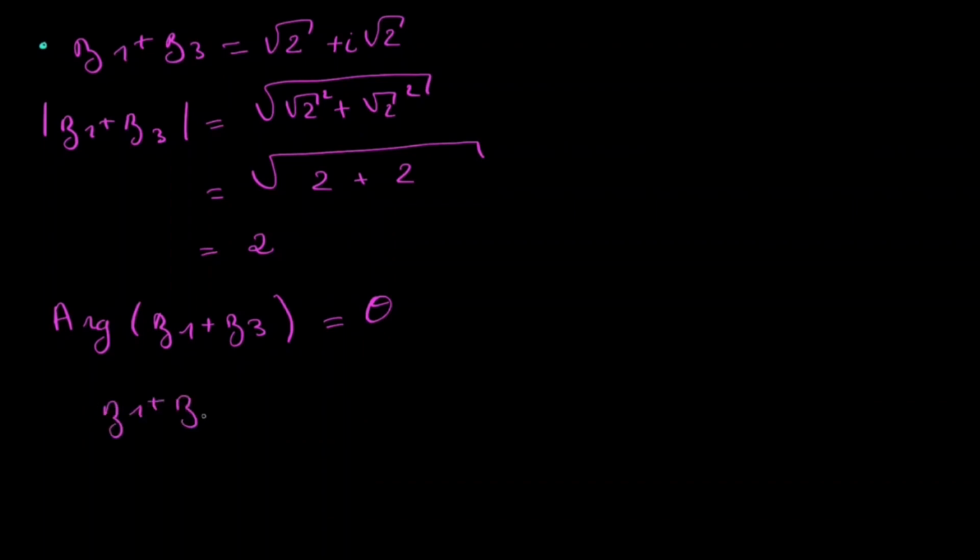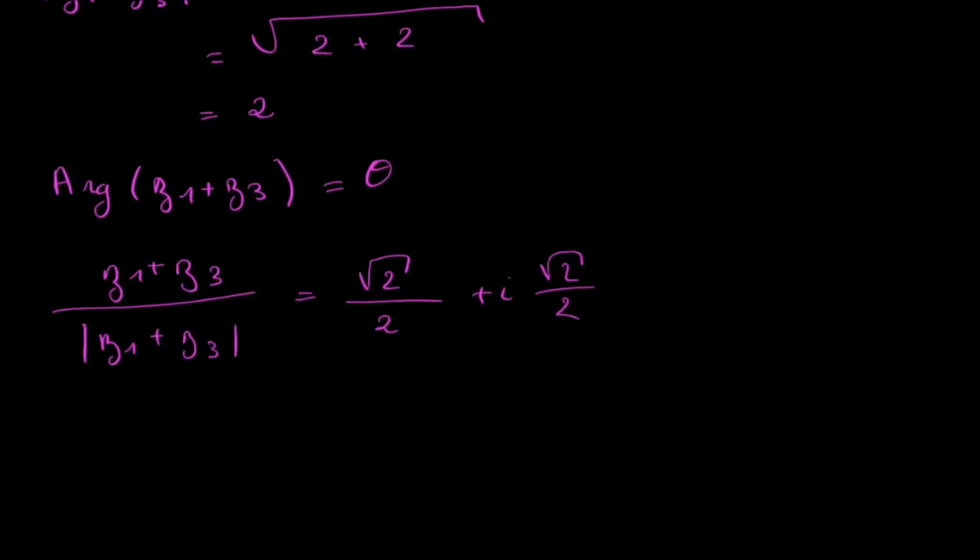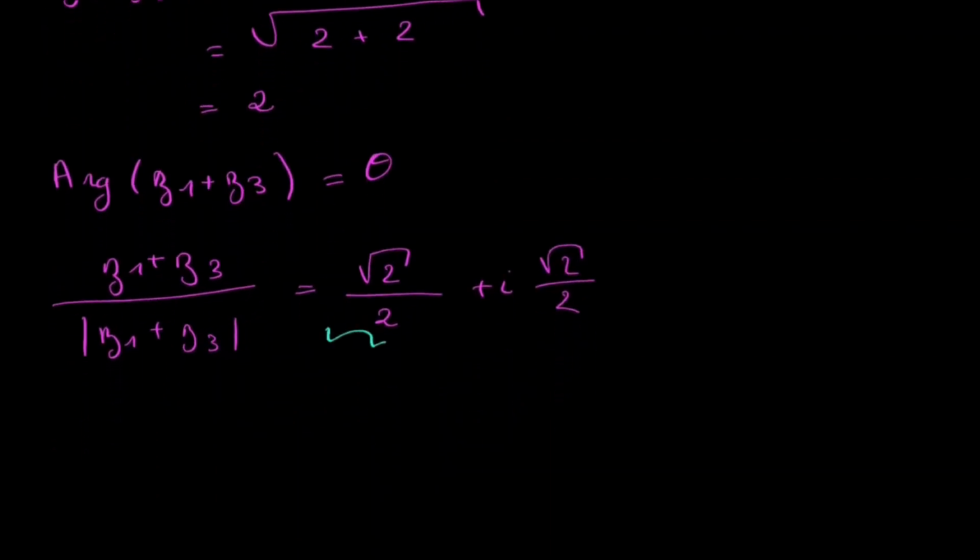z1 plus z3 over the modulus of z1 plus z3 is root 2 over 2 plus i root 2 over 2. Here the real part a, and here the imaginary part b.